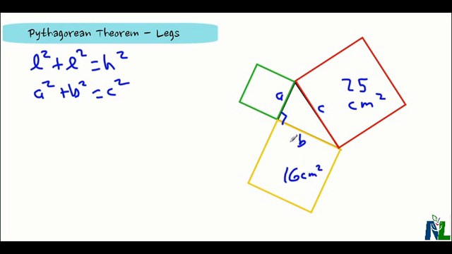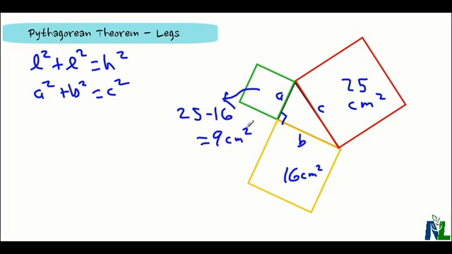So if I was asked to find the area of the green square, all I would need to do there is subtract these two areas. Okay, so the area here would just be 25 minus 16, or 9 centimeters squared.